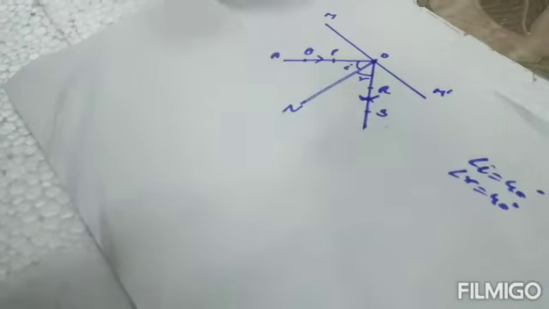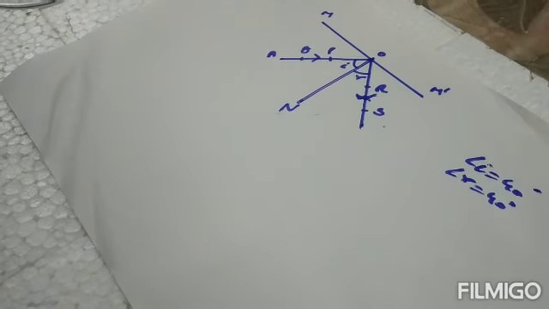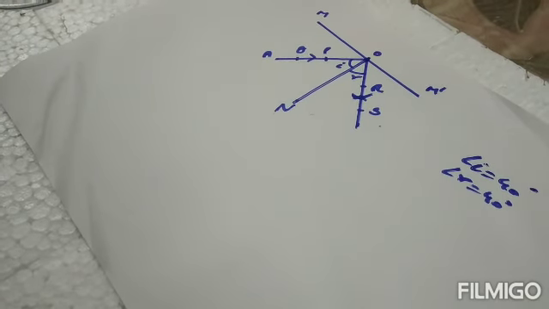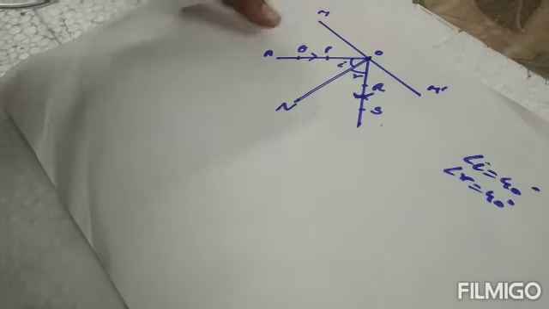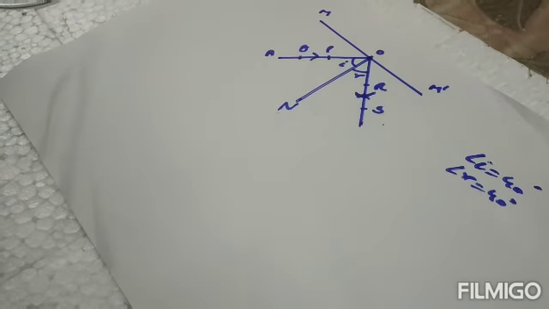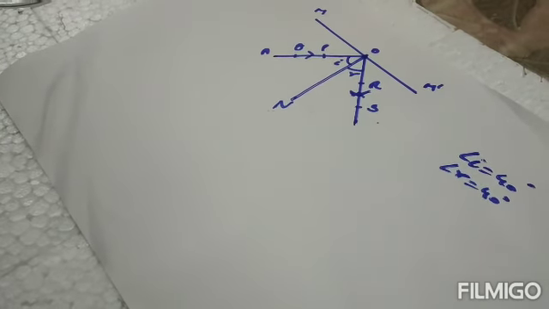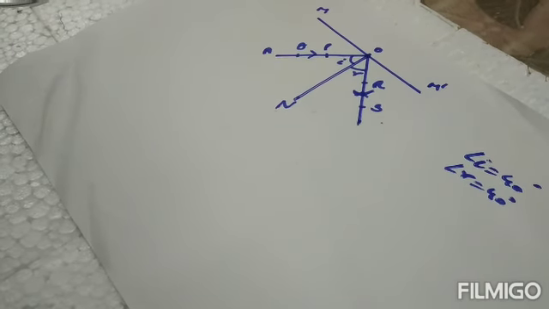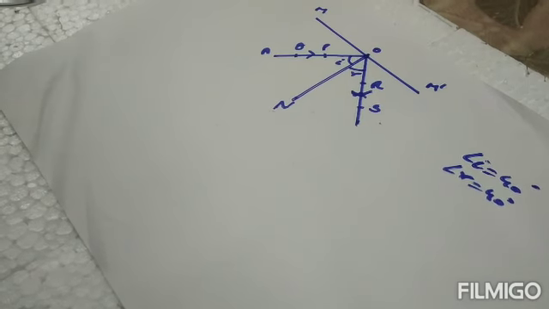Here you can see. Clear? And the second law is also proved, that the incident ray, the reflected ray and the normal all lie in the same plane. So here we have verified the laws of reflection.